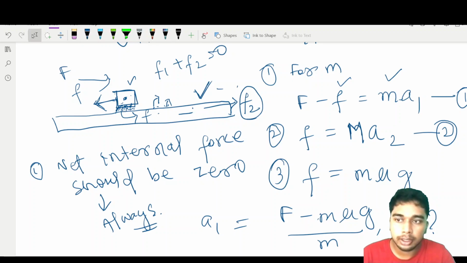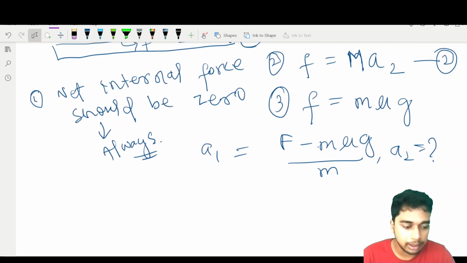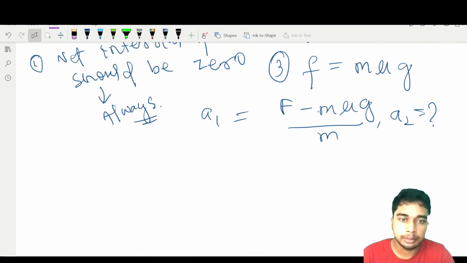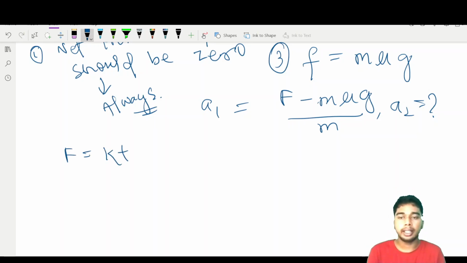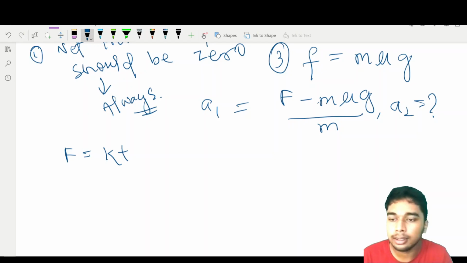If the question is slightly changed, for example, if it says F is equal to K times t, in this case, what am I seeing? I am seeing that the applied force is gradually increasing. So at a certain time, what will I see?